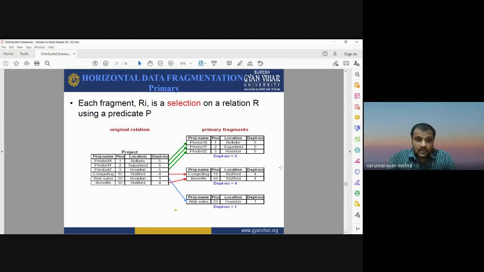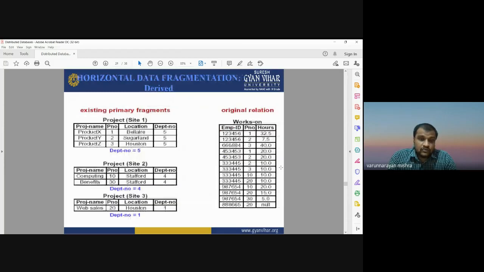Okay, and if you want to use the derived kind of horizontal data fragmentation, we may have the existing primary fragments, that is project site 1, project site 2, project site 3. Under project site 1 we have the data related to department number 5, then department number 4 is related to the data in project site 2, and project site 3 has the data related to department number 1.